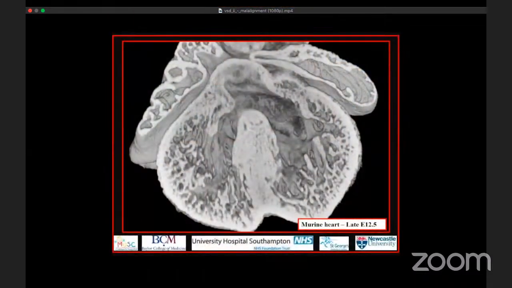So Andrew has just shown you the consequence of cranial malalignment of the outlet septum, and he's emphasized to you that as part and parcel of that cranial malalignment, there is overriding of the caudal outflow tract. And what you've seen in those specimens is that usually that caudal outflow tract is the subaortic outflow tract.